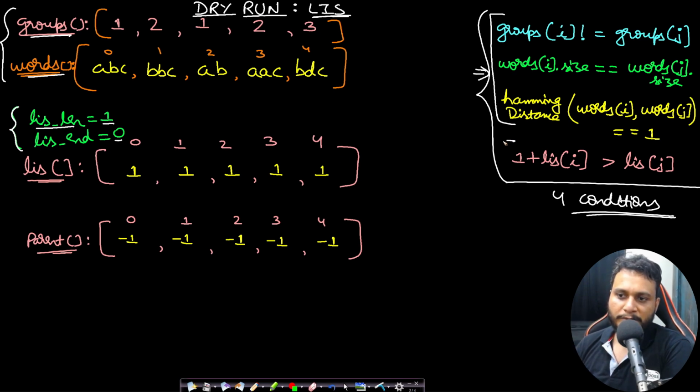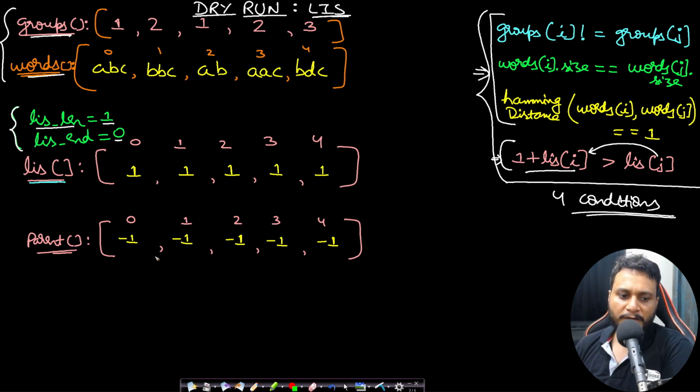We also have an optimality condition where it says that if jth item has to be appended after ith item, then you better increase the length of lis, otherwise there is no meaning to appending the jth item after ith item, right? I will always be selecting the longest length. Now if you see here, the lis array has all 1 values.